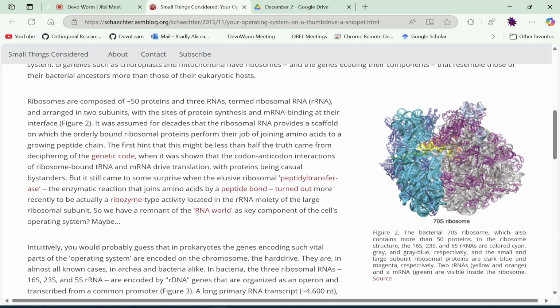The first hint that this might be less than half the truth came from deciphering the genetic code, when it was shown that codon-anticodon interactions of ribosome-bound tRNAs and mRNA drive translation, with proteins being casual bystanders.